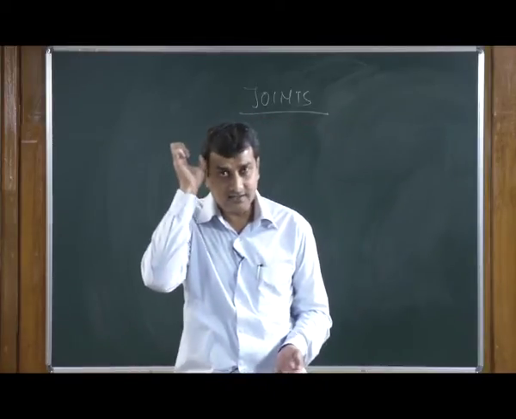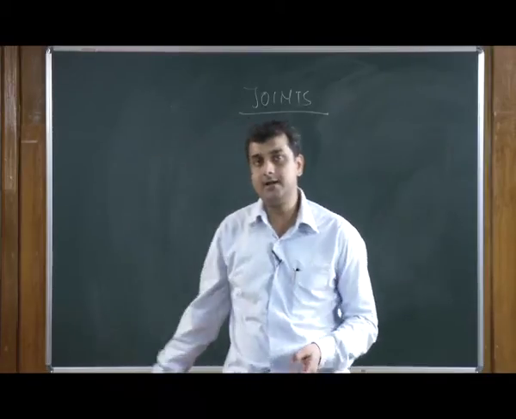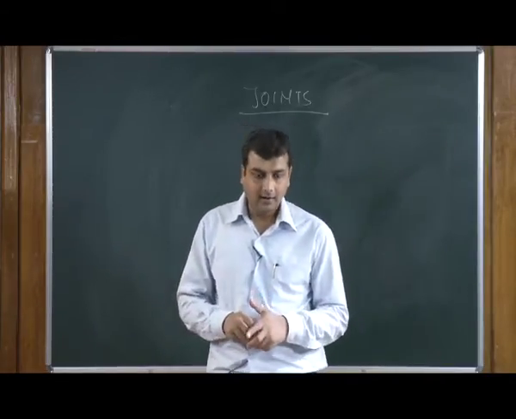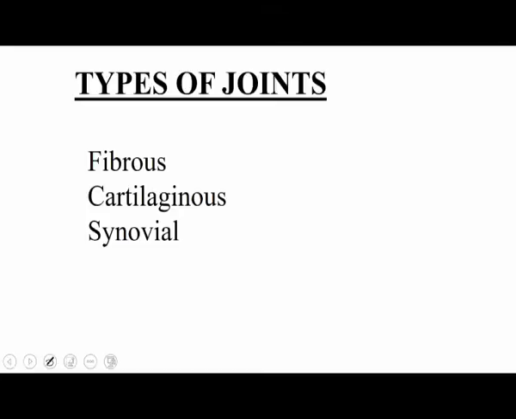Because of these different degrees of movement, these are different types of joints. We have three distinct kinds of joints: fibrous, cartilaginous and synovial. These are the three distinct classifications of joints in the human body.